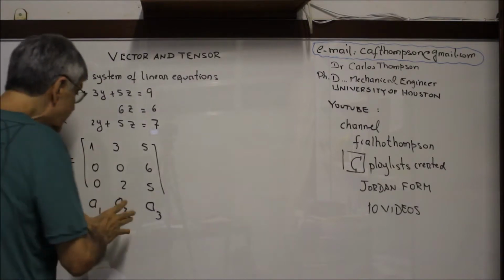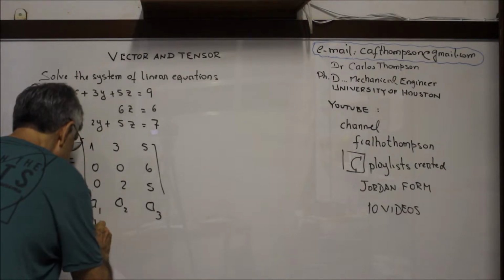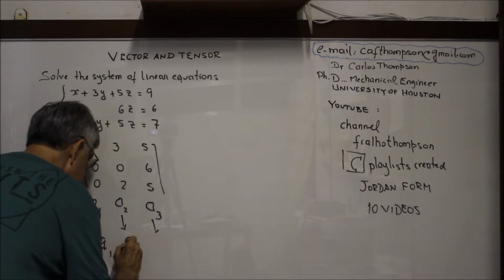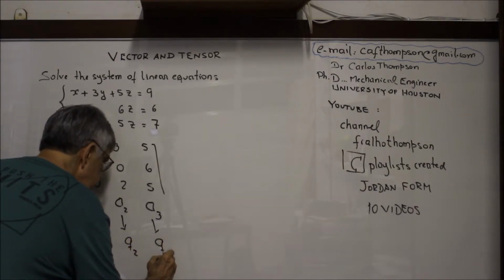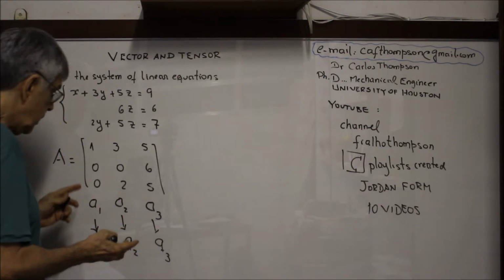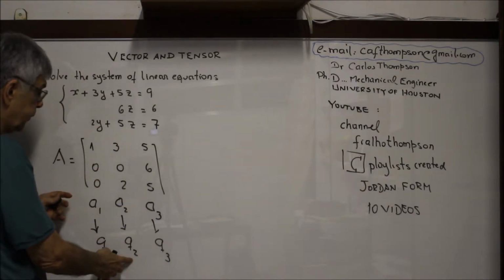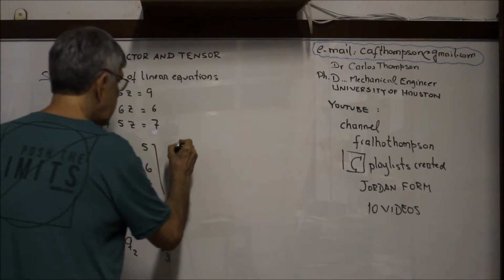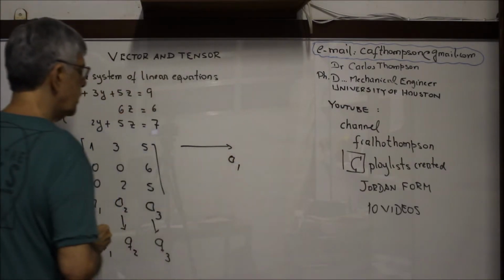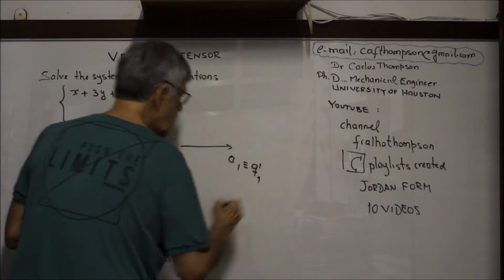Now, let's transform A1, A2, and A3 into Q1, Q2, and Q3, like we did before. First, let's work in the plane, Q1 and Q2. Here I have my A1, this is Q prime 1.